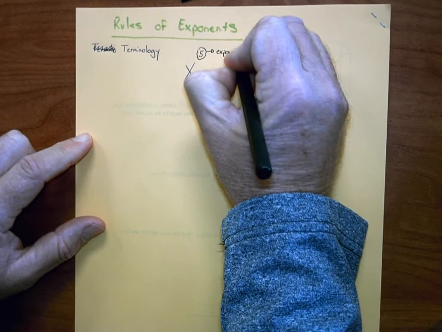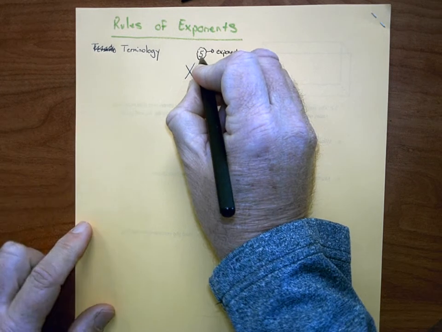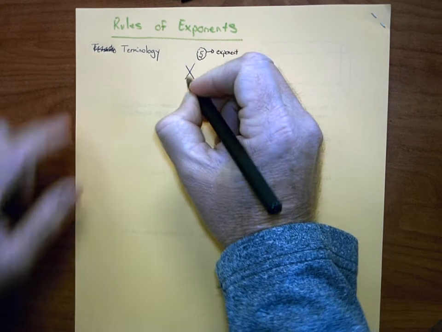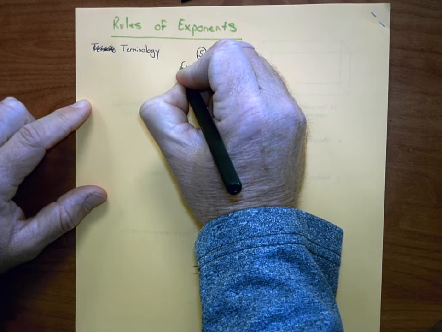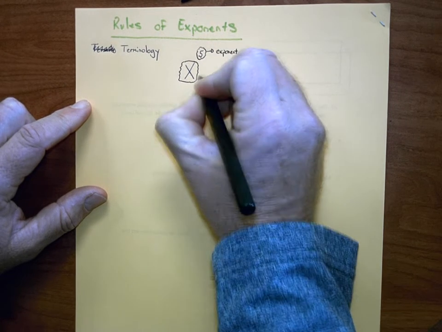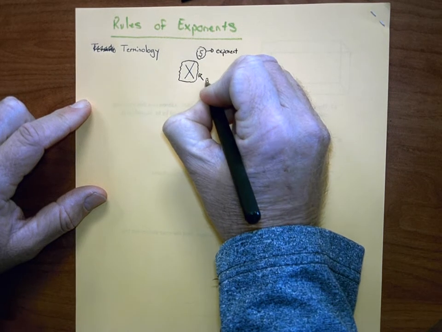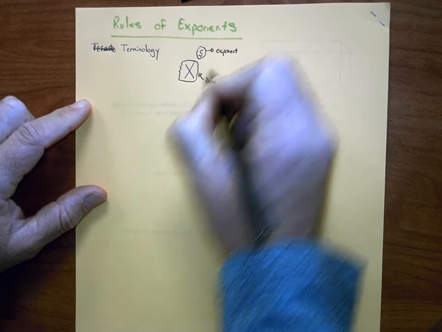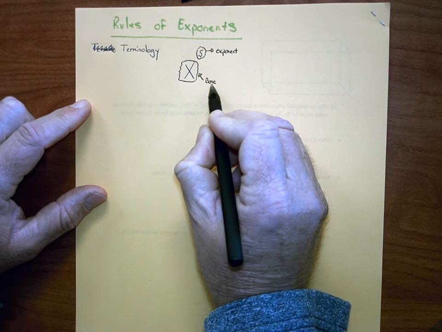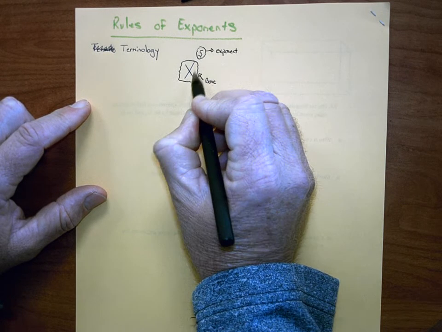The exponent is always raised up higher, and it's usually written in a smaller font. Whatever is below the exponent is what we call the base. So this expression has a base of x and an exponent of 5, okay?